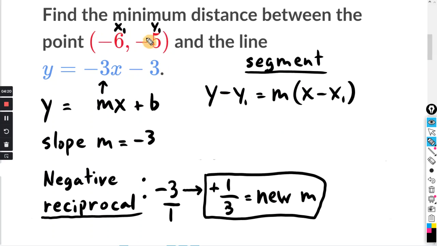So y minus y1 is going to be y minus -5. The new slope m is +1/3, times x minus x1, which is x minus -6. Two negatives in a row make it positive, and these two negatives make it positive as well.